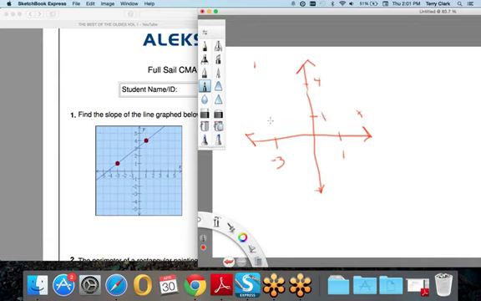The first point is going to be at -3 and 1, and the second one is going to be at 1 and 4. I'll go ahead and put the ordered pairs in. They're an ordered pair, so it's important that x comes first. X has to come first.